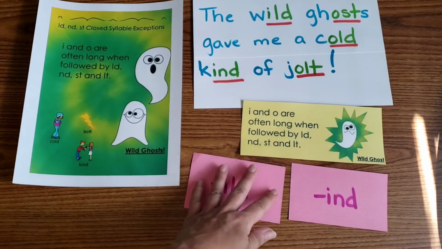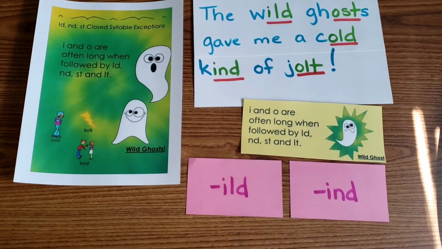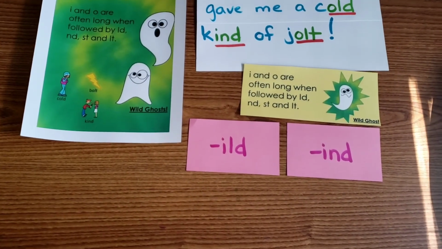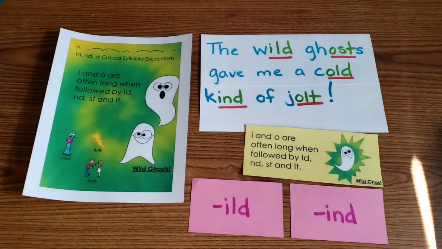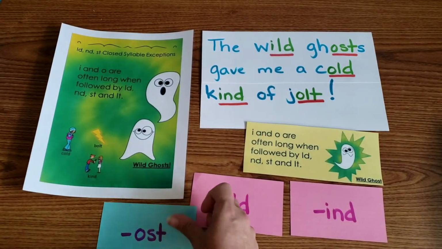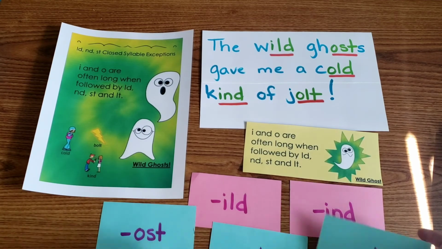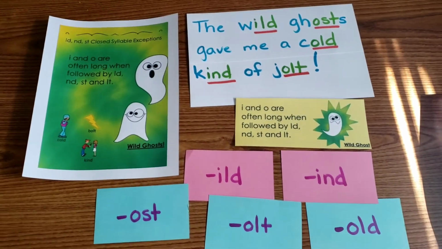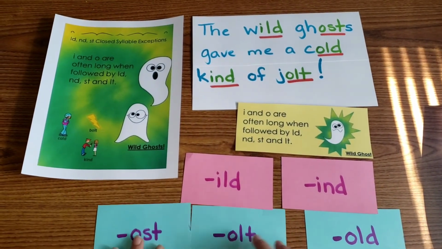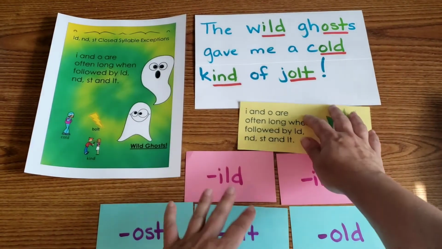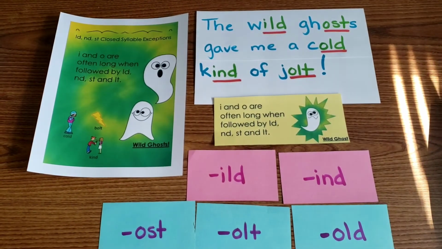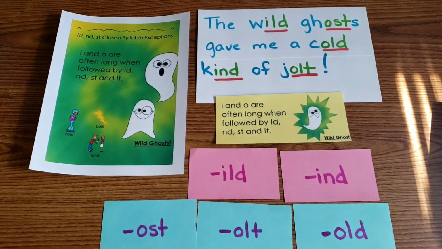When you see those, it's a long I sound. Okay, then you have OST, OLT, and OLD. When you have those, it's a long O sound. Okay, so it's only for I and O, and it's only for these five exceptions.